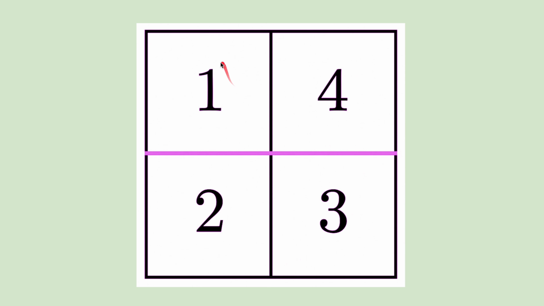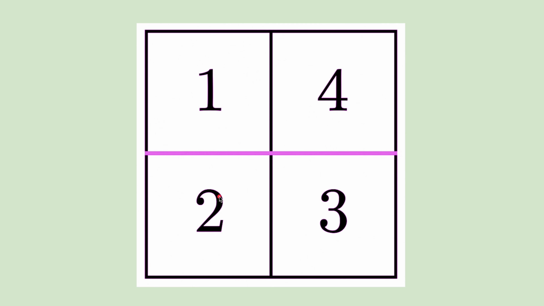If you do 1 plus 4 is 5, 2 plus 3 is 5, meaning both parts are the same. If you do the sum vertically, it will not be equal. It will become 1 plus 2 is 3, 4 plus 3 is 7. That is not equal, and that is why we cut this horizontally. Both parts, this part's sum and this part's sum, should be equal.